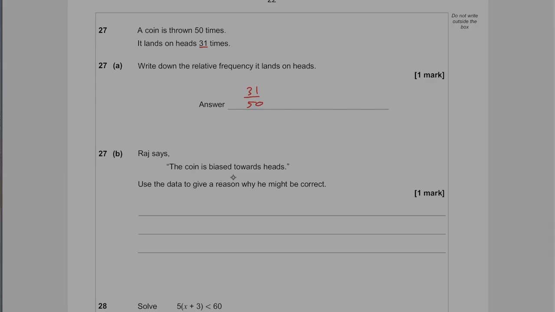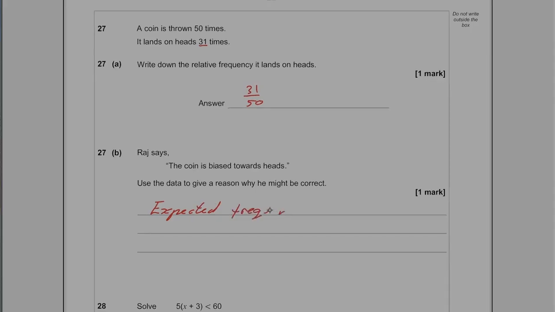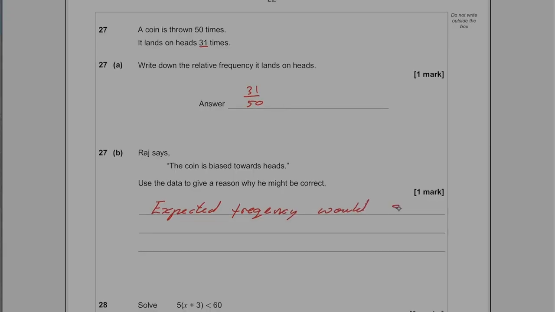Red says the coin is biased towards heads. Use the data to give a reason why he might be correct. So the expected frequency would be 25.